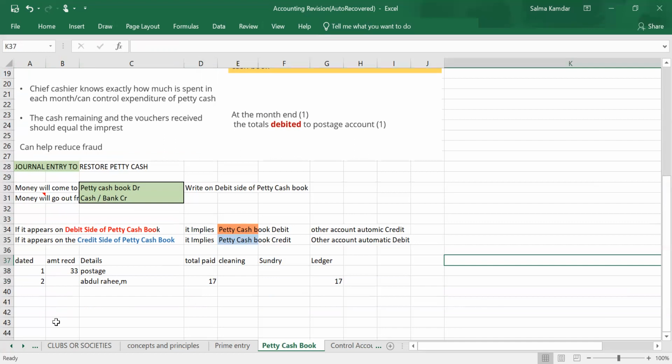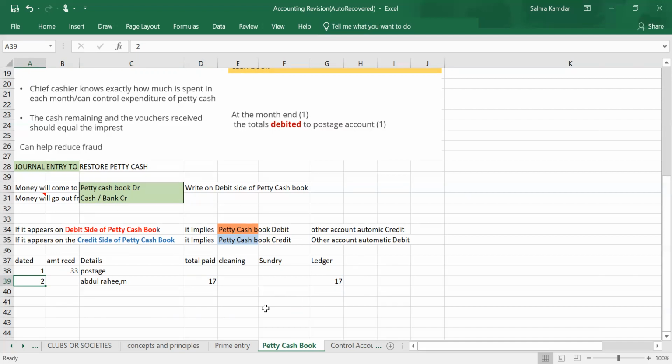Everything that I record on the credit side of the petty cash book comes in two columns: one in total paid and one in the respective account. My main question is, how will I complete the double entry of the transaction dated second? This transaction is appearing on the credit side of the petty cash book.